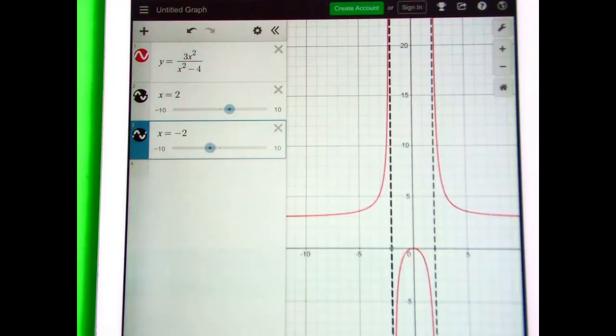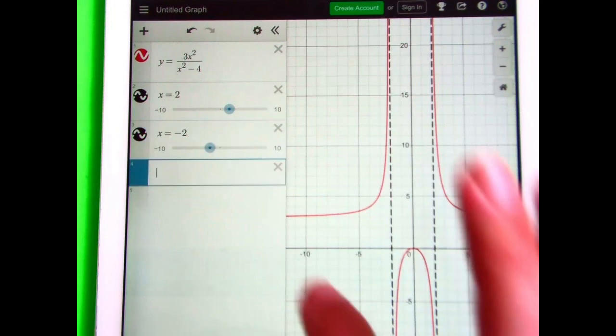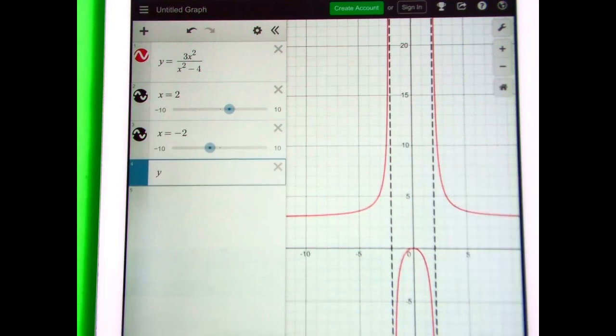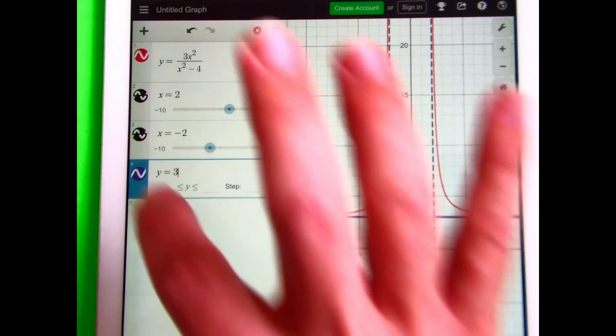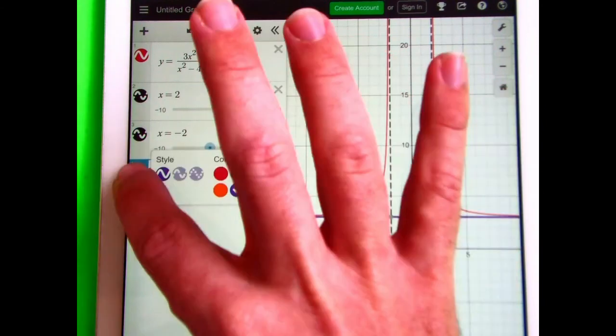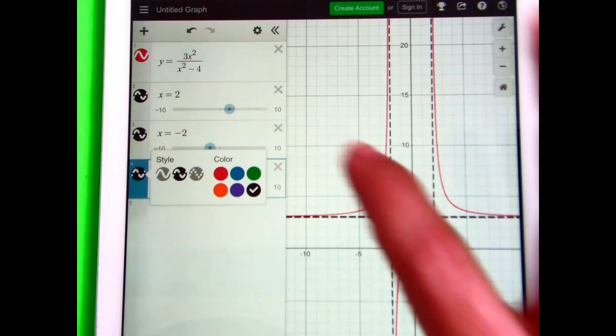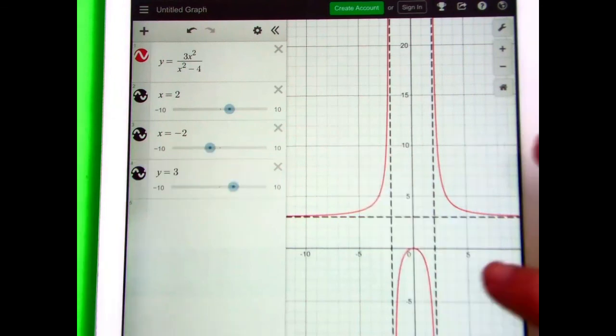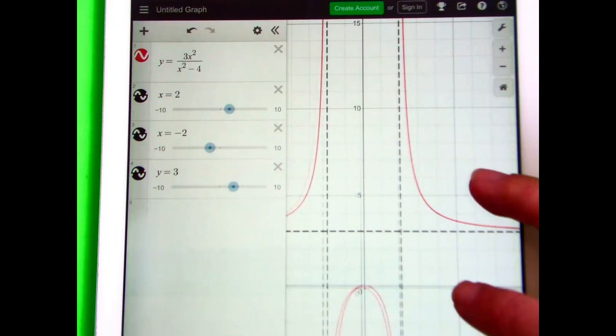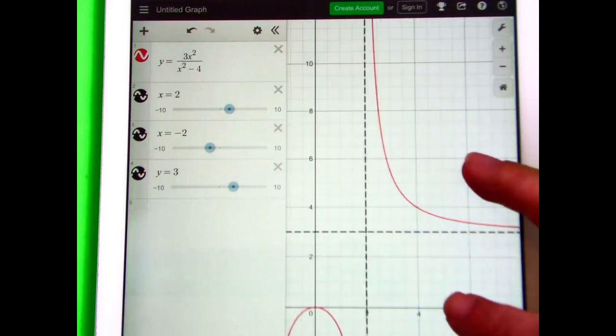If you click and hold the circle there, you can change the color and you can also make it dotted. So now those asymptotes are showing up nice and sharp. They really stand out, and they're really showing us that the graph approaches those asymptotes but never touches, never crosses.